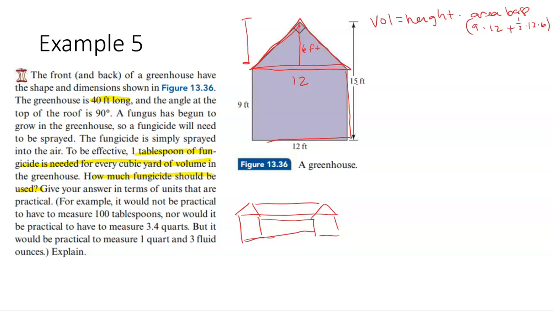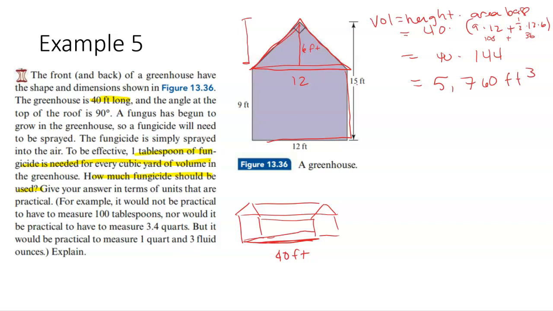That's the area of that. What's the height here? Well, it said it was 40 feet long. I know we don't normally think of long as height, but that is the height if I were to shift the dimensions. So this is my volume. When I type all that into my calculator, this is going to be like 108 plus 36. So it's going to be 40 times 144. This volume is 5,760 cubic feet.